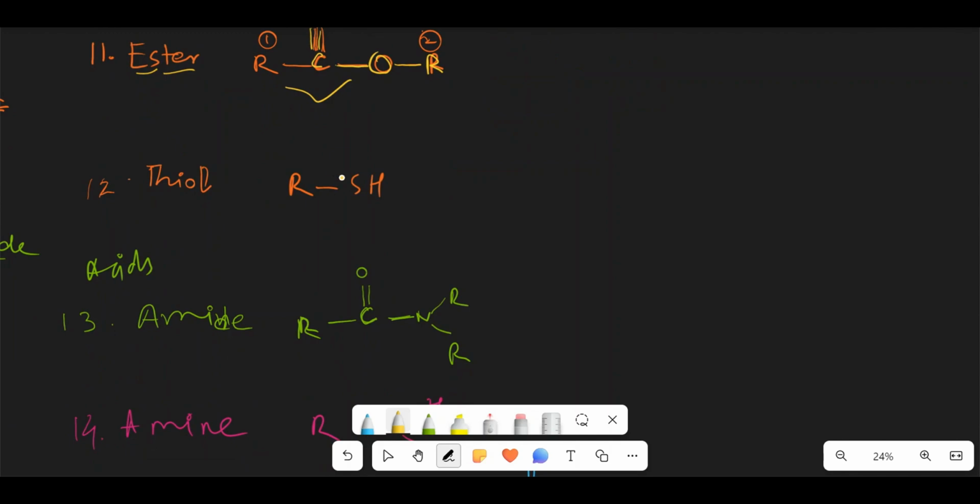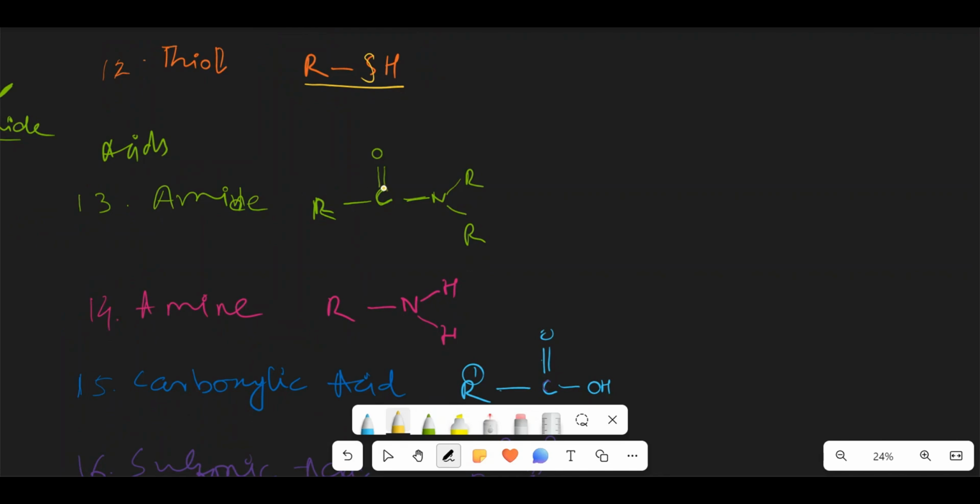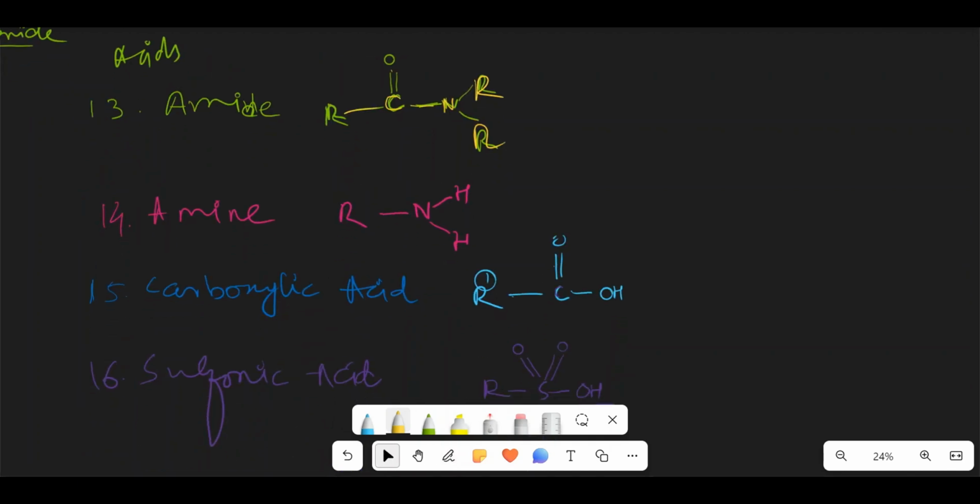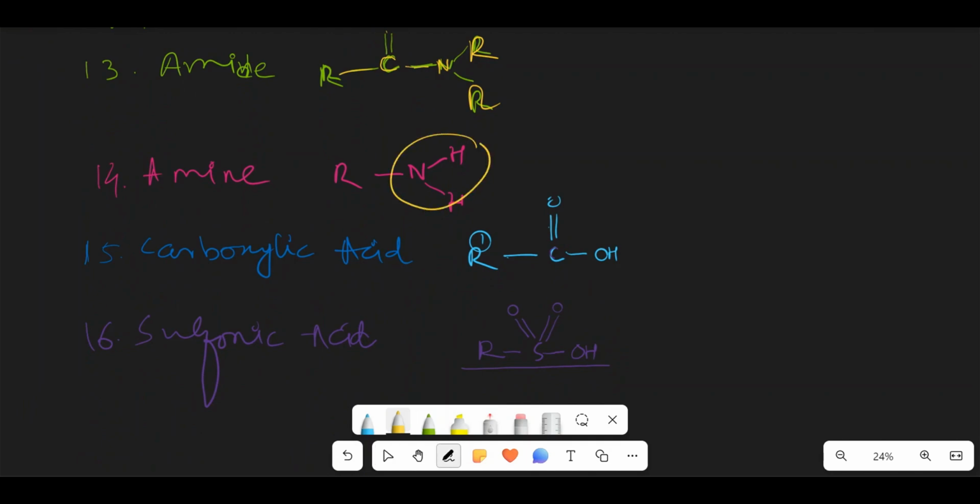Now we come to thiol. Thiol has SH attached with an R group. It's very easy. Acid amide is a little bit complex. Acid amide has one carbon attached with oxygen in a double bond, and that carbon has one nitrogen atom attached with two R groups, and there is also an R group attached with the carbon.